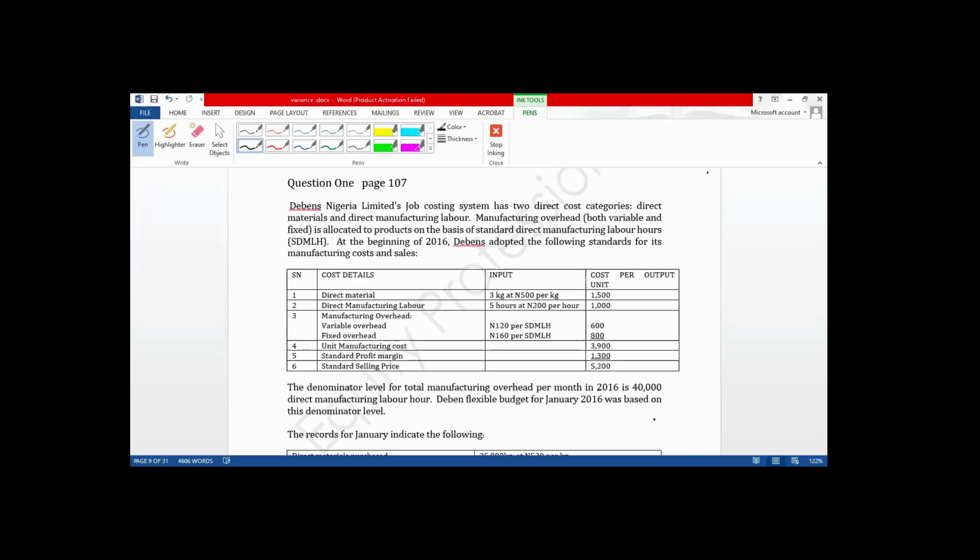And if you also look at the schedule, the examiner says direct manufacturing labor, 5 hours at 200 naira per hour. That 5 hours represents the hours required to produce 1 unit.